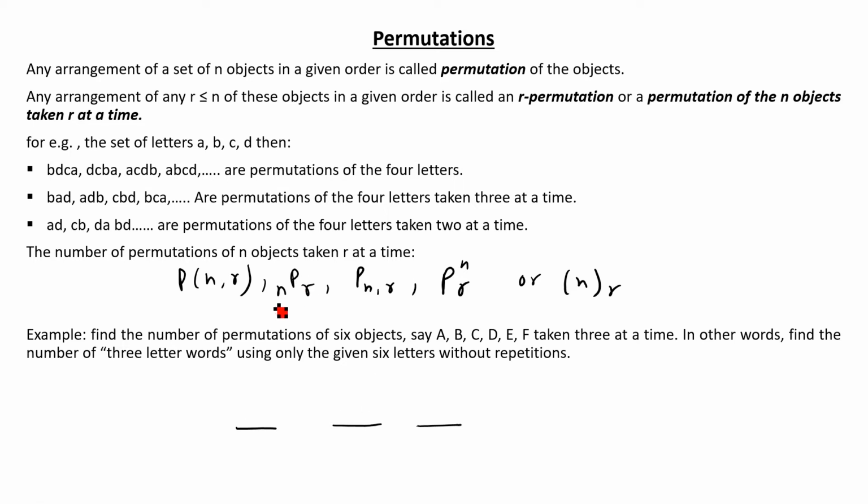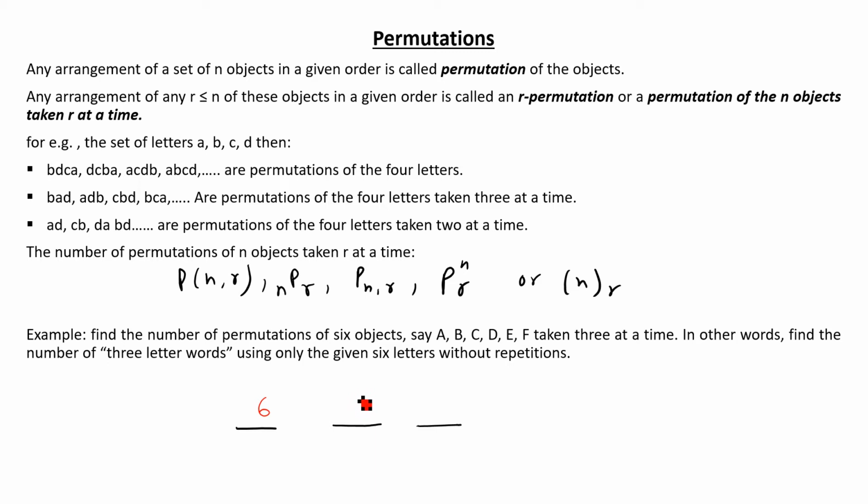If we fill the first slot, we will have a total of six choices: A, B, C, D, E, F. Now we have chosen one from six, so now we have five choices left.